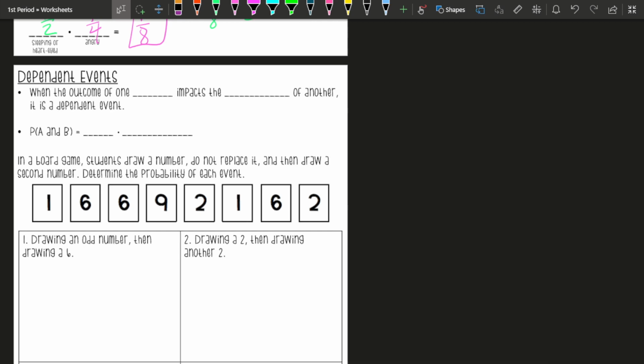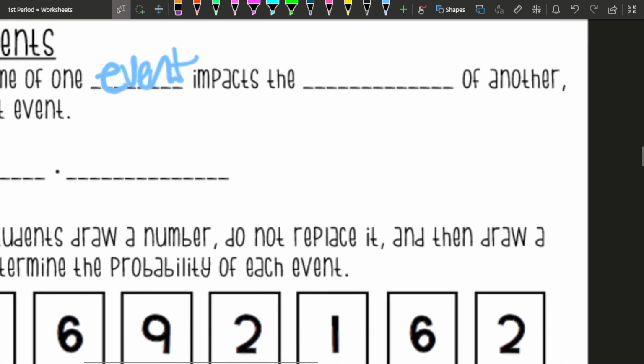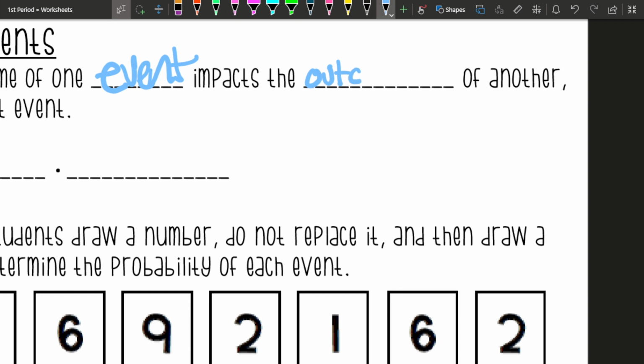So dependent events is when what? If the first one did not matter, what do you think? When the outcome of one event impacts the outcome of the other event.